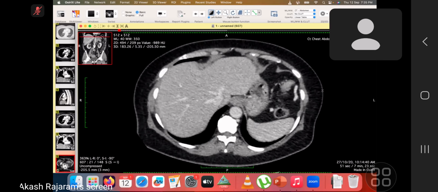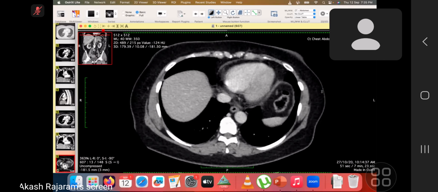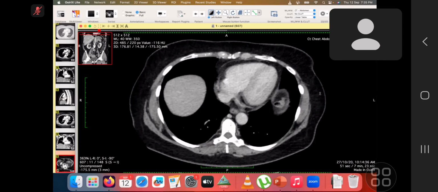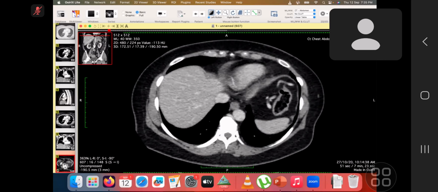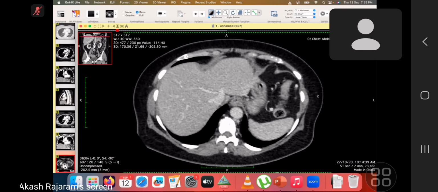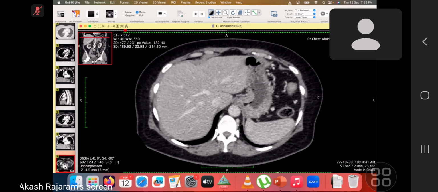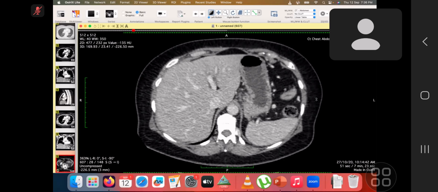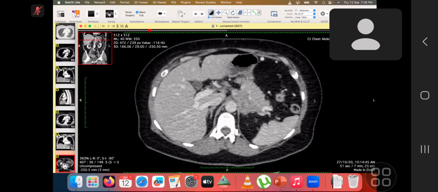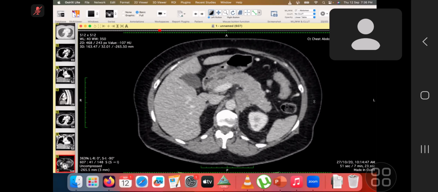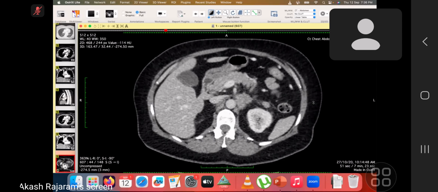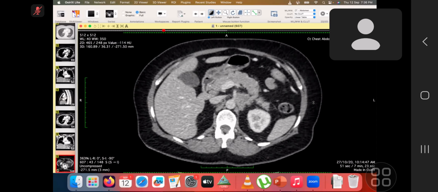So this is an enhancing lesion in the suprarenal area, which appears inseparable from the wall of the stomach and the body of pancreas. I can see it is closely attached, but it looks like fat planes are clearly appreciated.